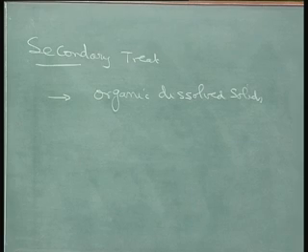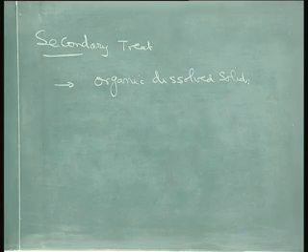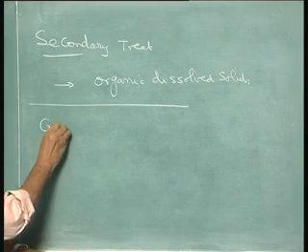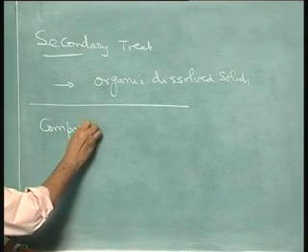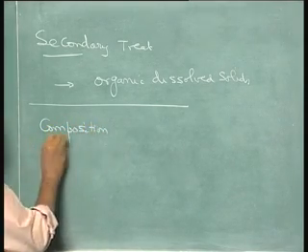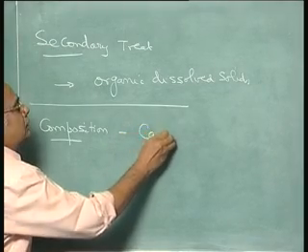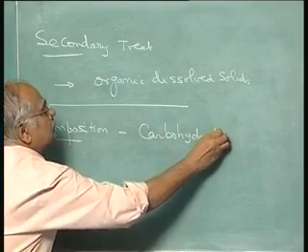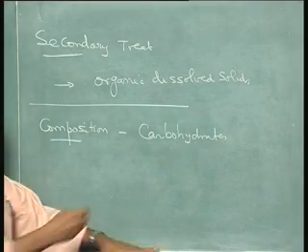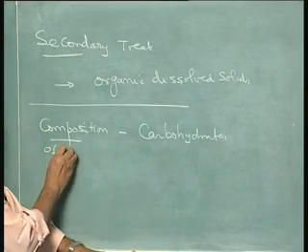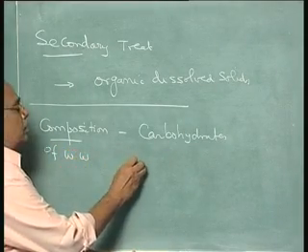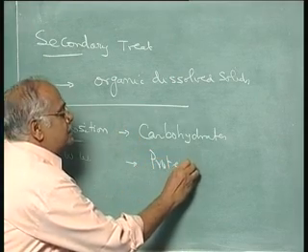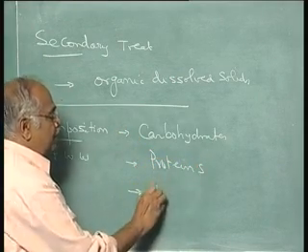Now, if you see the composition of wastewater, wastewater consists of various components, like carbohydrates, undigested carbohydrates which we take, and it consists of proteins, undigested proteins, and it consists of lipids.